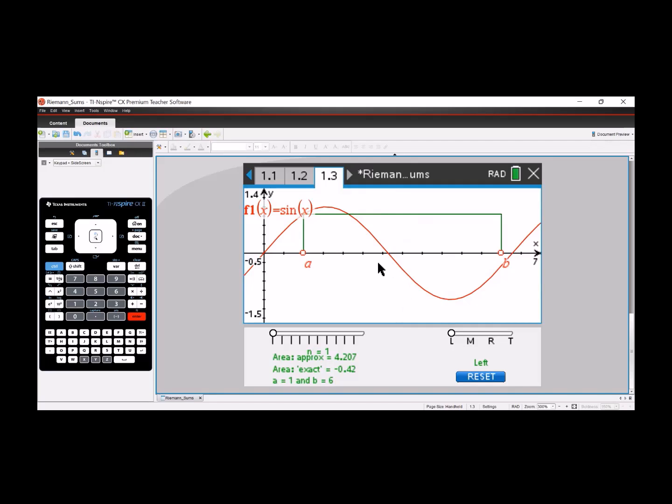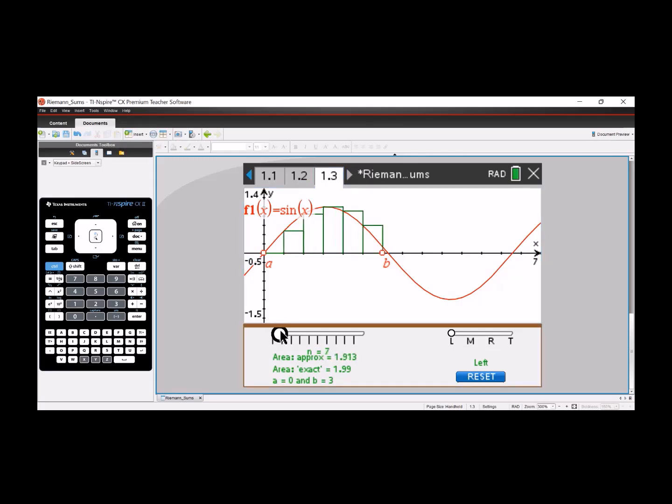Okay. And we want to go from 0, so I'm going to slide my a to 0, and I'm going to bring my b. Now, it's really hard to find b as 3 on this one is 3 or 3.5. Okay? You can do this with it. We'll have to approximate here, but 10 subintervals.